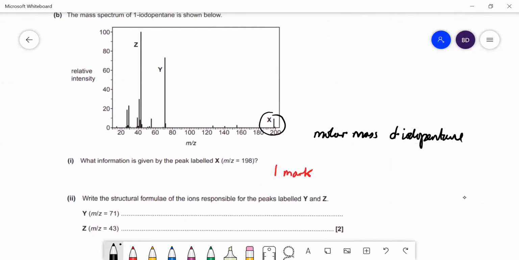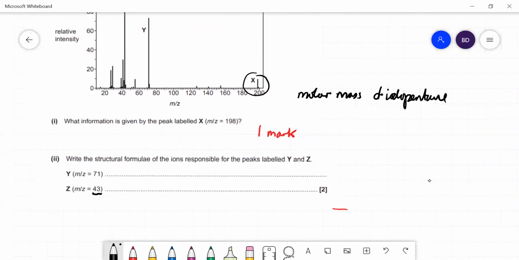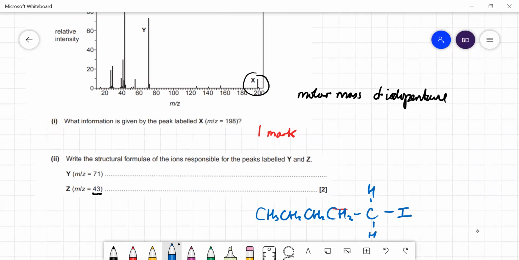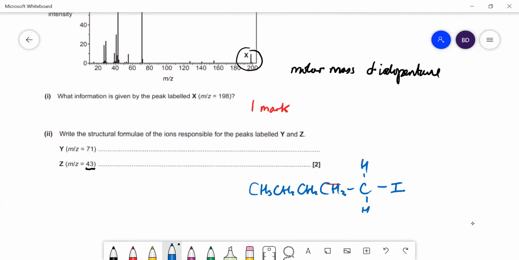So let's think about Z first of all. It's 43. You're obviously going to get some kind of fragmentation of the iodopentane molecule. Let's just draw it out: CH3, CH2, CH2, CH2. Now let's have a 43. Let's say it fragments.